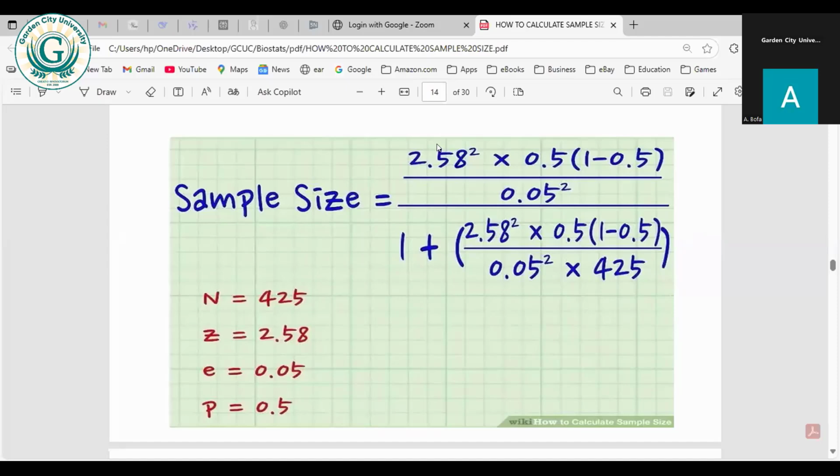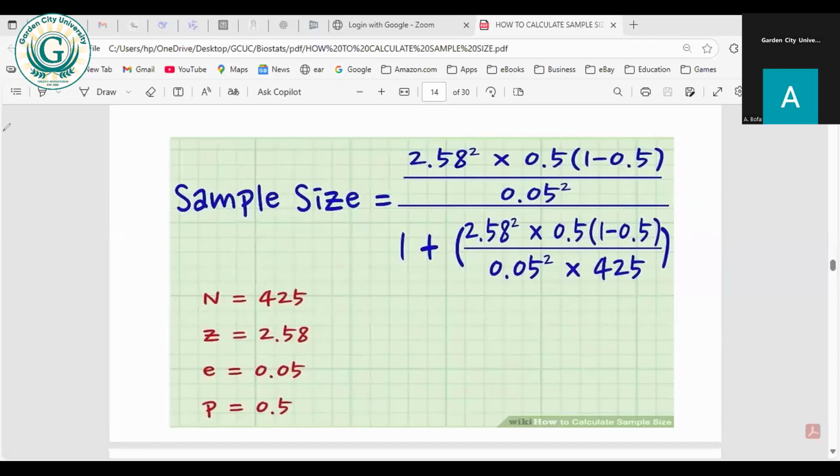I'll prefer that we work the top first, and I'm not going to say numerator and denominator, I'm going to say top and down. Whatever you get, then you work the bottom separately. The moment you arrive at these values, you can divide to get your sample size.